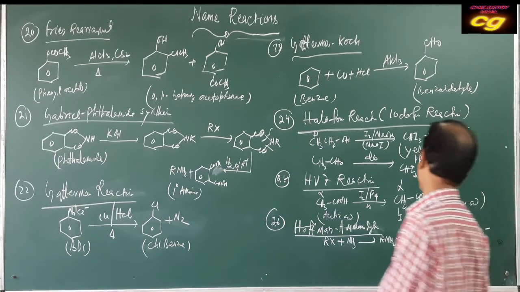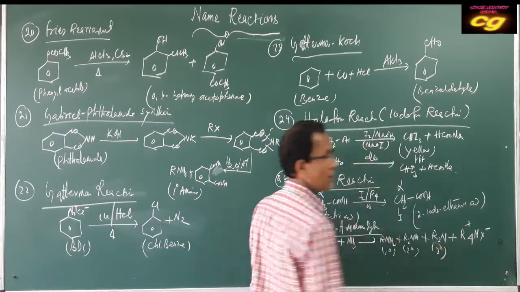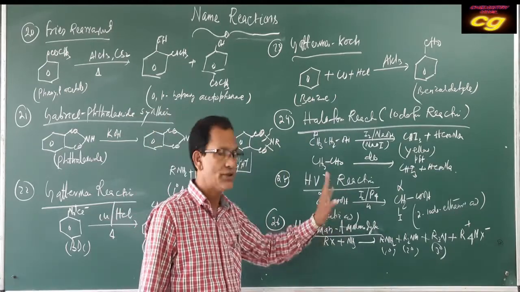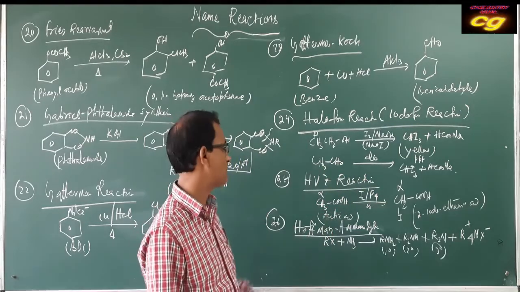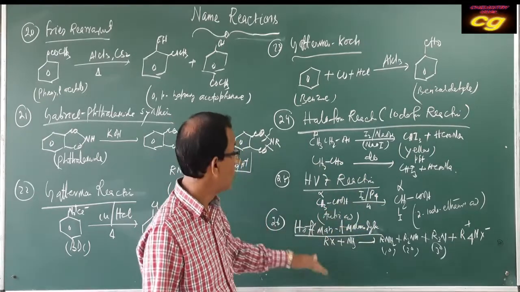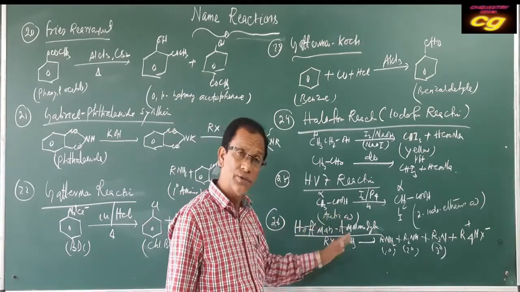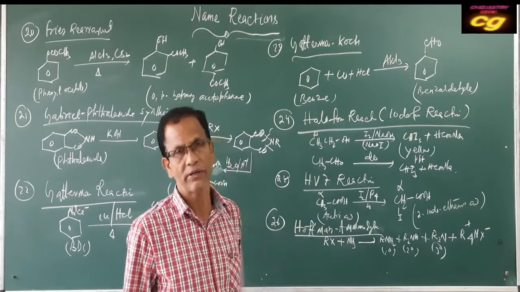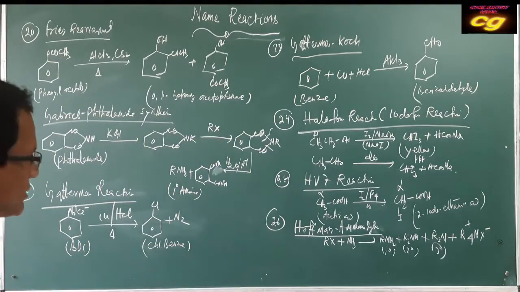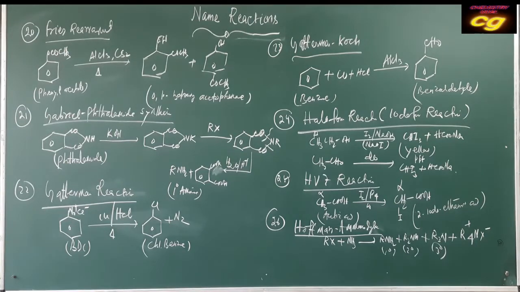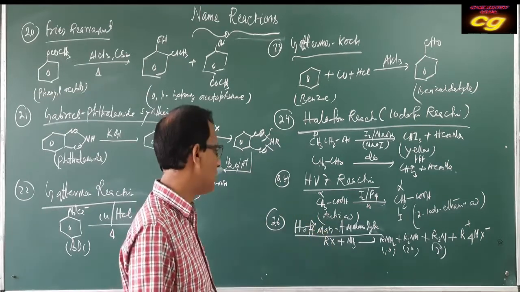That is formation of primary, secondary, tertiary amine by Hofmann ammonolysis. If you start from primary amine, you can get tertiary amine also. If you start from secondary amine, you can get it. So from haloalkane also you can prepare amine. In this way you prepare a mixture of amines. That's why in this method it is very difficult to separate amines, and it is not suitable as a laboratory method of preparation of amines, because a mixture of amines is produced.